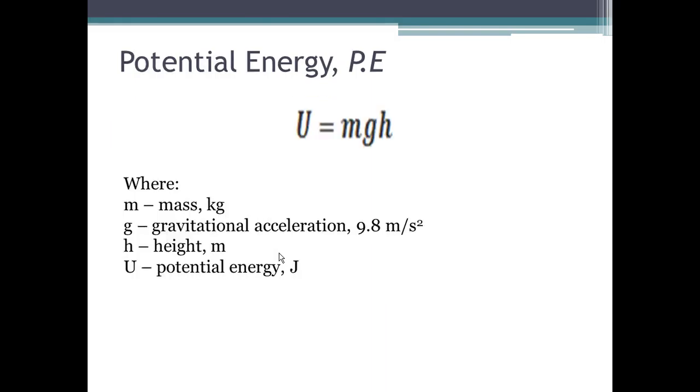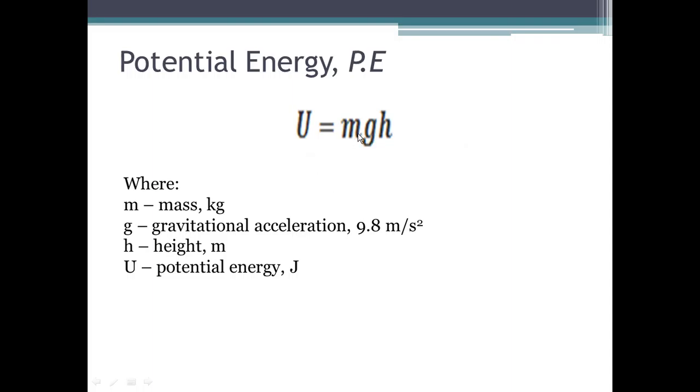Okay, but at this point we will be simply focusing on one type of potential energy, particularly the type of energy which is by virtue of gravity. This is called gravitational potential energy, and it is represented by the symbol U, which has the form of mass times g times height.